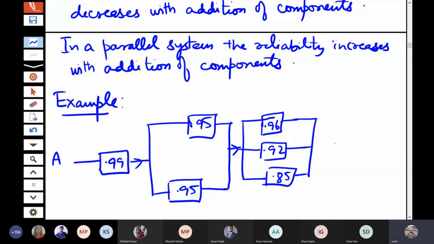And then you have say another one with 0.95, then there is another one with 0.82. Okay.